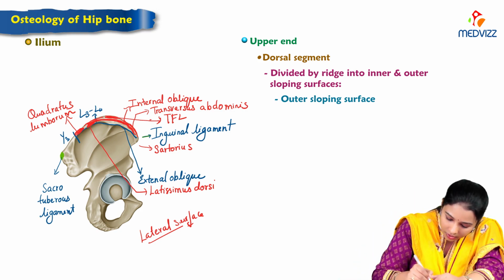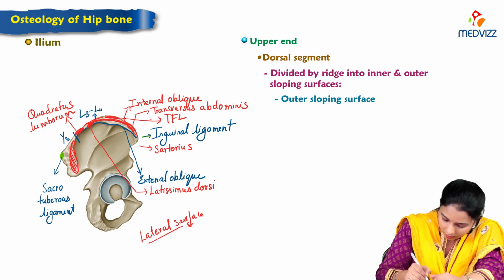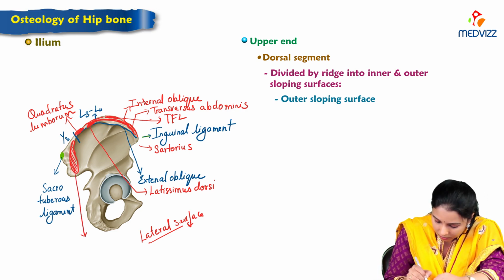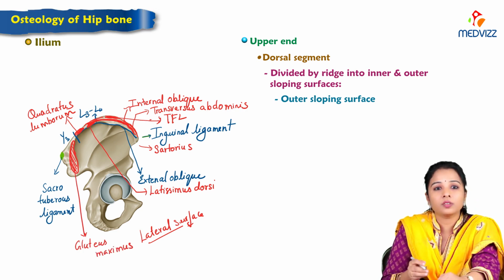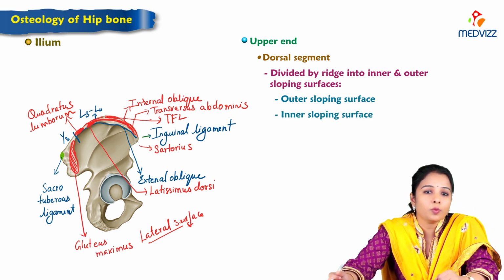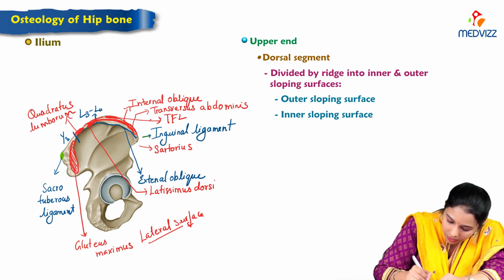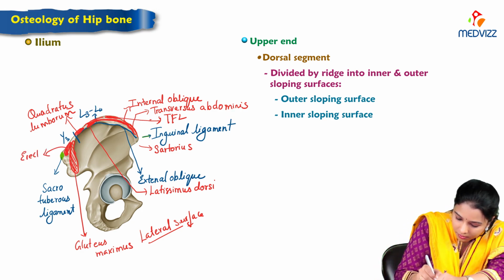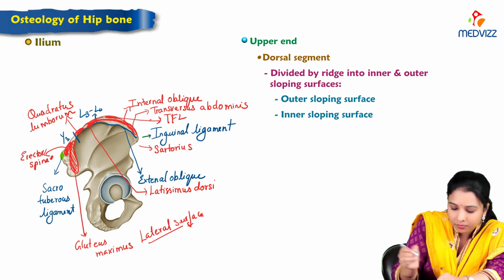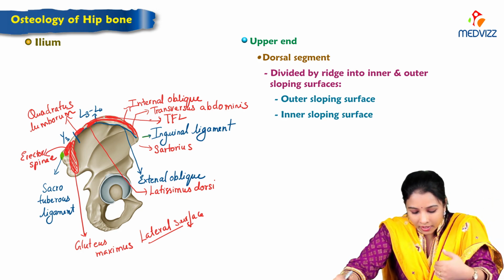So origin here, this part. And the inner sloping surface gives origin to erector spinae. So this part. So this completes the iliac crest. So I'll tell again, iliac crest, anterior 2/3, posterior 1/3.